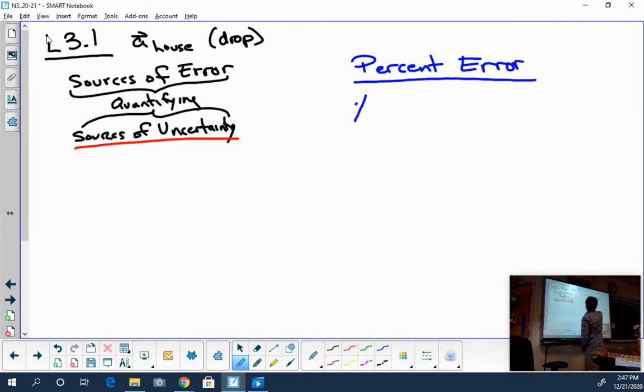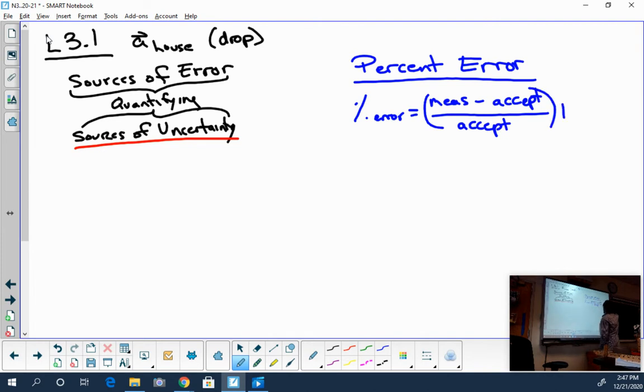Percent error equation was you take your measured value minus the accepted value over the accepted value or magnitude times 100.